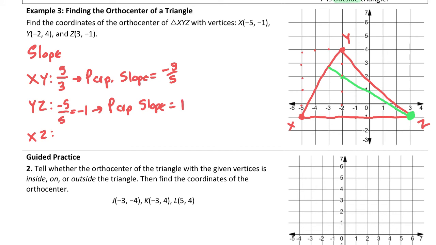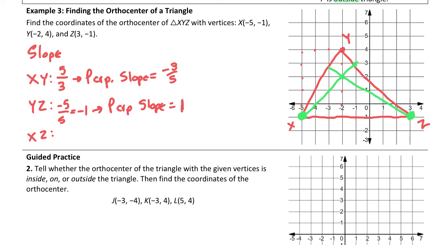So the perpendicular slope is just positive 1. Okay? So I know I need a slope of 1, and I count from the opposite vertex, which means I count from vertex X for YZ. And you can count it however you want. We can just go up 1, right 1 to create our line. Up 1, right 1, up 1, right 1, up 1, right 1. And we can see already, it looks like they've intersected at a distinct point.